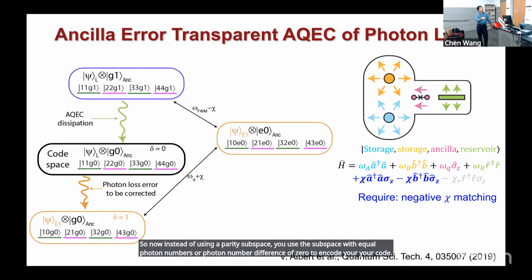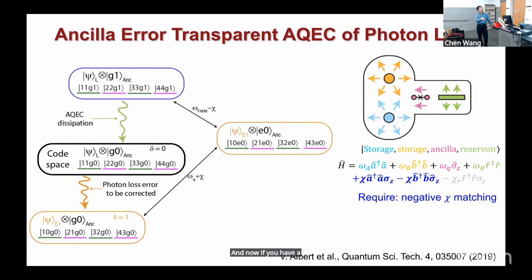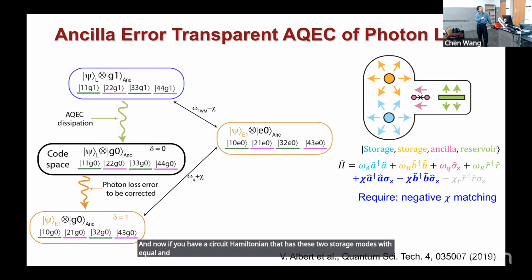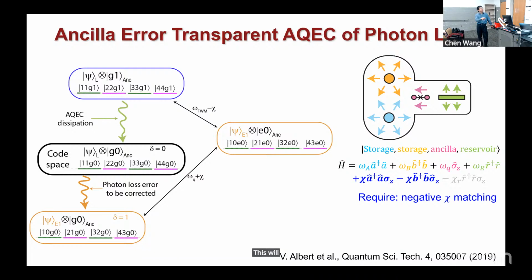And now if you have a circuit Hamiltonian that has these two storage modes with equal and opposite chi, this will allow you to have all these states to be degenerate. After photon loss, you have photon number difference of 1 instead of 0. They're all degenerate.